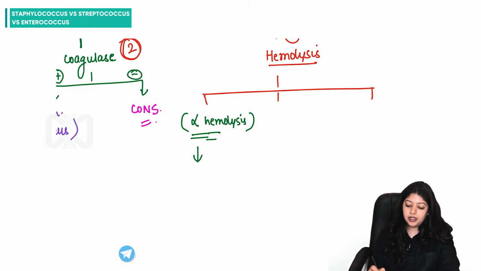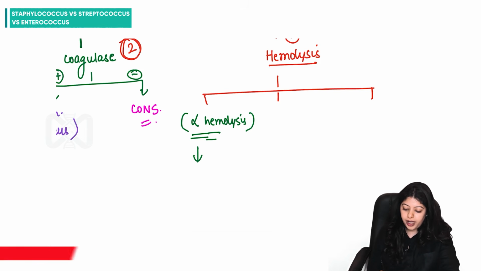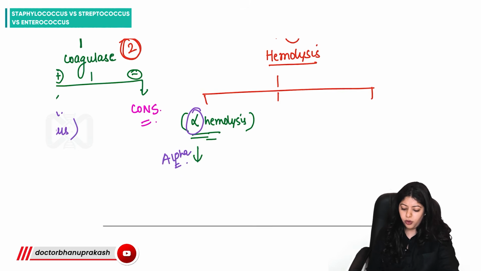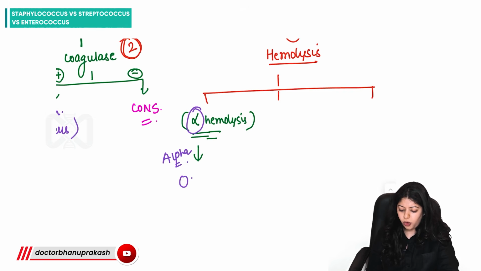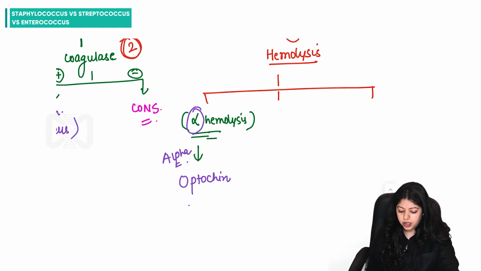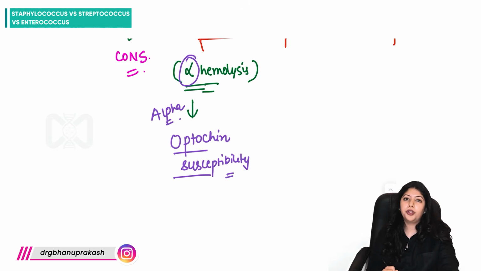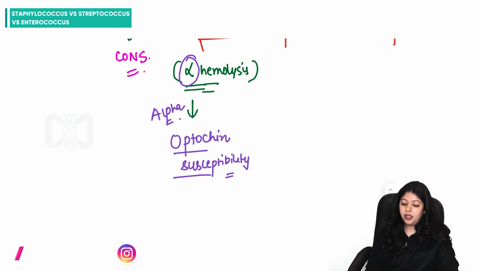What is the test that we are going to perform for further speciation? For alpha, it has a similar pronunciation to O, AO. So optochin susceptibility or sensitivity test would be done for further identification of alpha hemolytic streptococci, right?